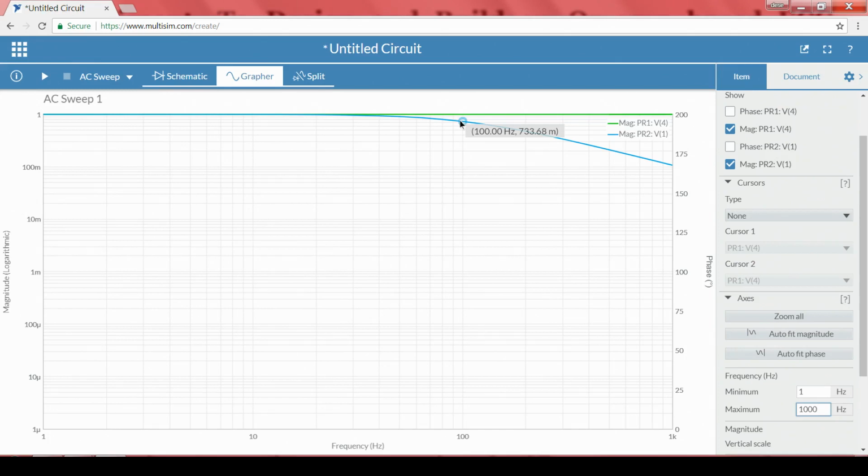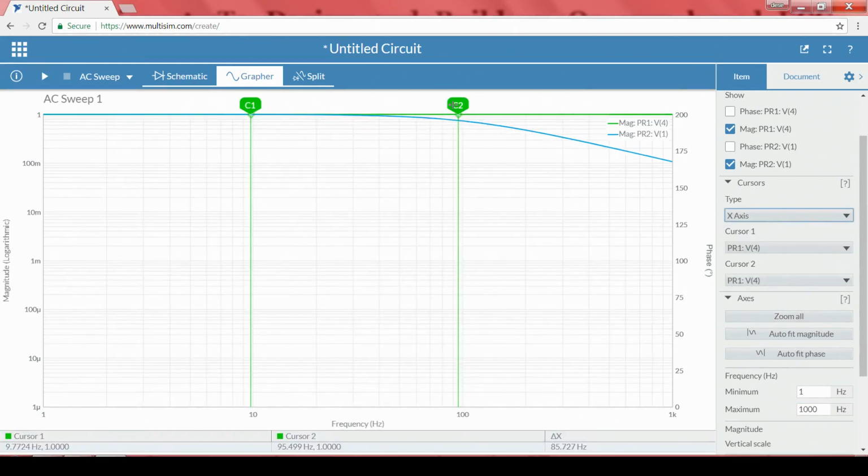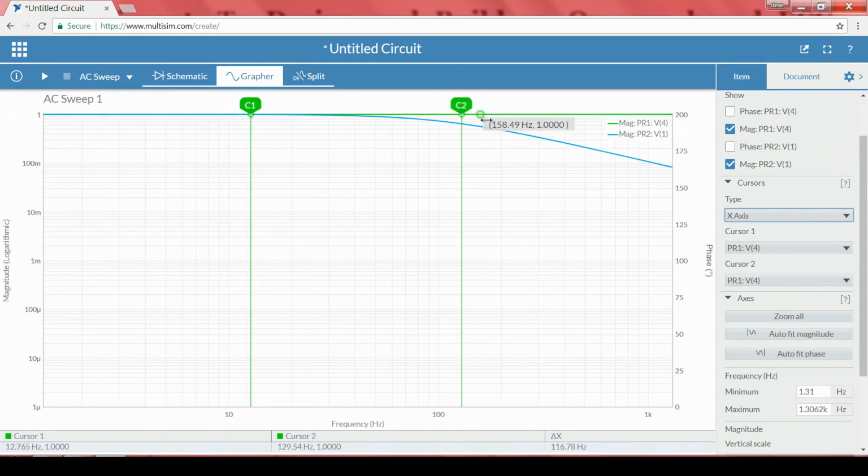When I see what the frequency is at this point, we can see here 100 hertz comma 733.68 milli dB. Or I will put an x-axis cursor, and I will slowly vary it, observing the C2 cursor, varying it to 99, sorry, where is that, the 3 dB line.